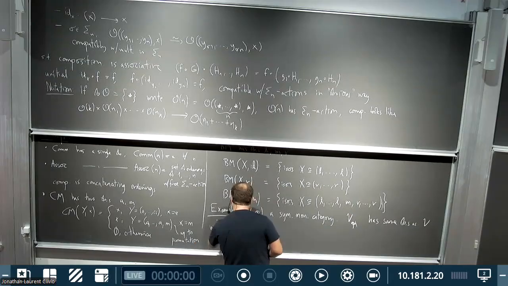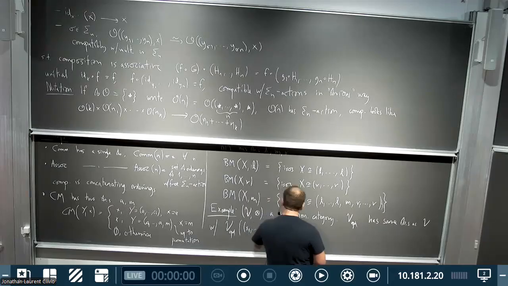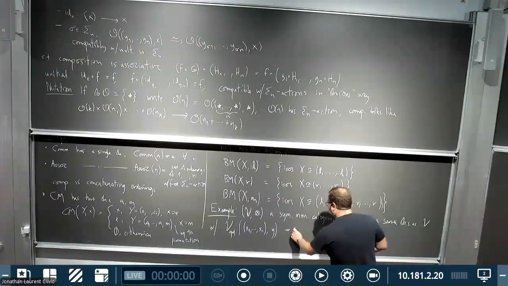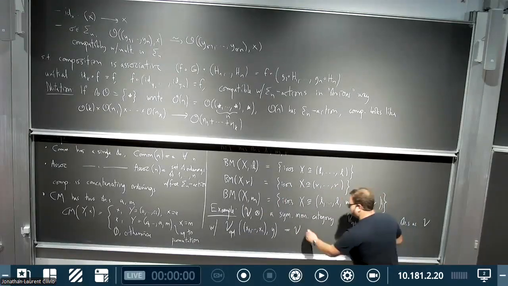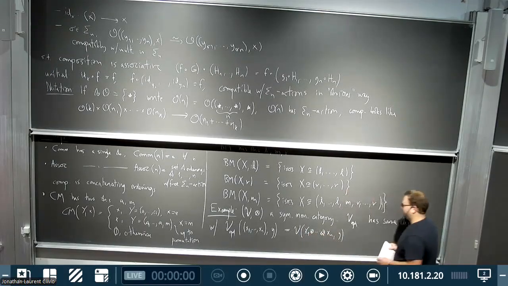Then the operations input x1 through x7, input y, and actually the maps in V, whose source was the tensor product of the xi's, and the output is y.